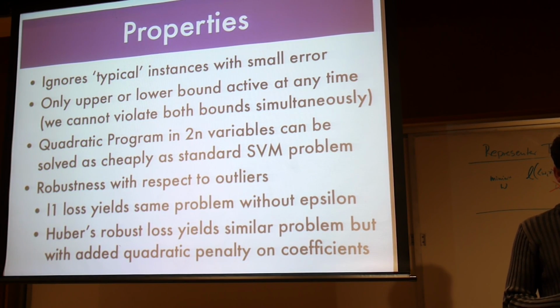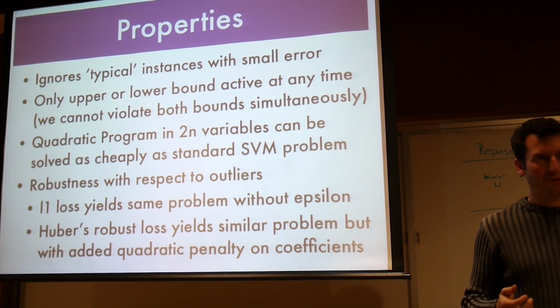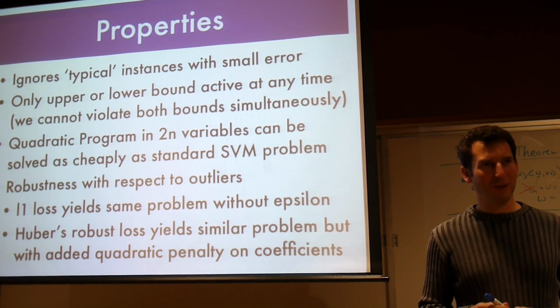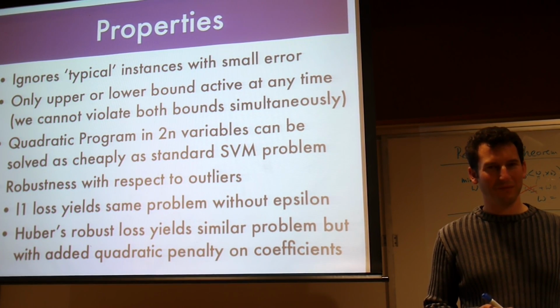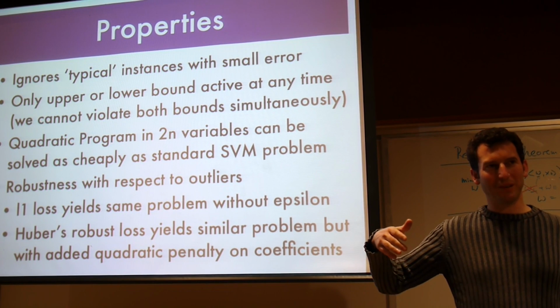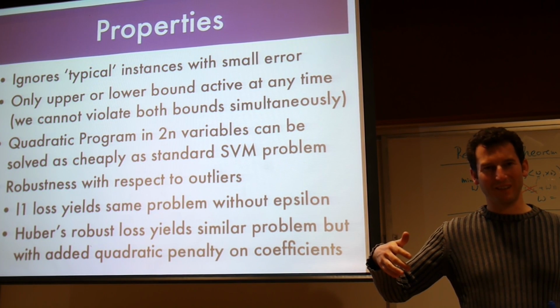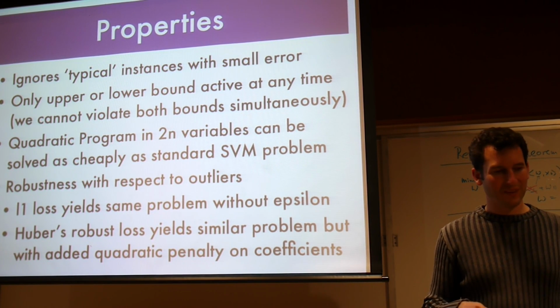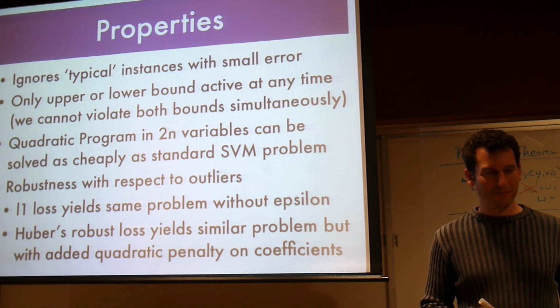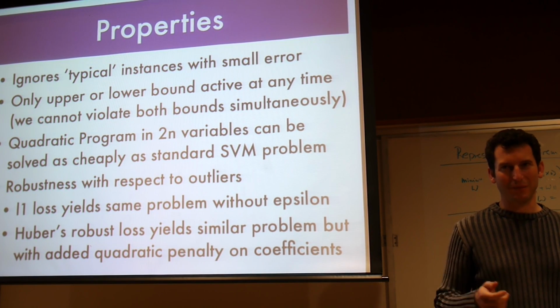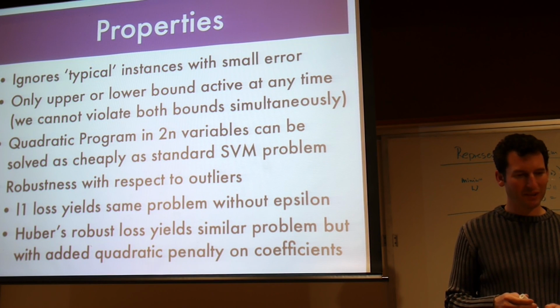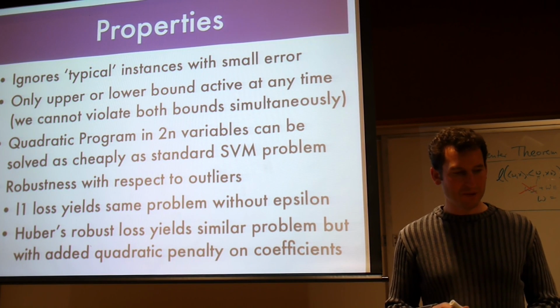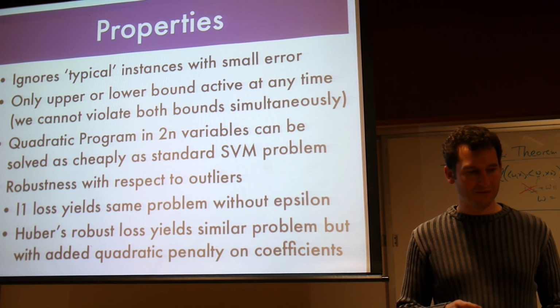And obviously only either the lower or the upper bound may be active at any given time, because I cannot be violating the upper and the lower constraints simultaneously. And the quadratic program, okay, now it's in twice as many variables, but I can still efficiently solve it. One nice thing is it's robust with respect to outliers.